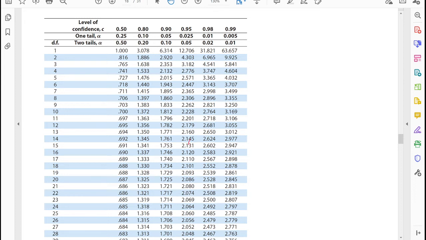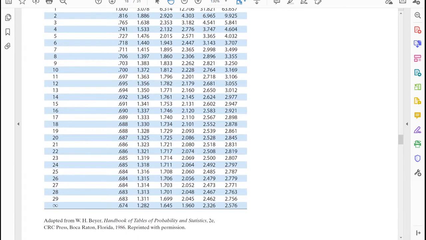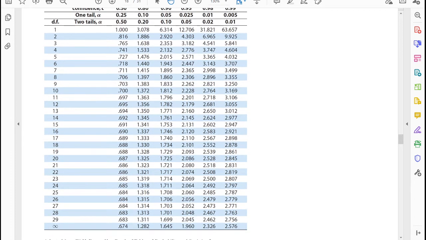As I start going down, you'll see this number starts to decrease and get closer and closer to 1.96. It's the same concept as our Z table, but the T table allows us to approximate these critical values so we can calculate our margin of error with sample sizes that are less than 30.